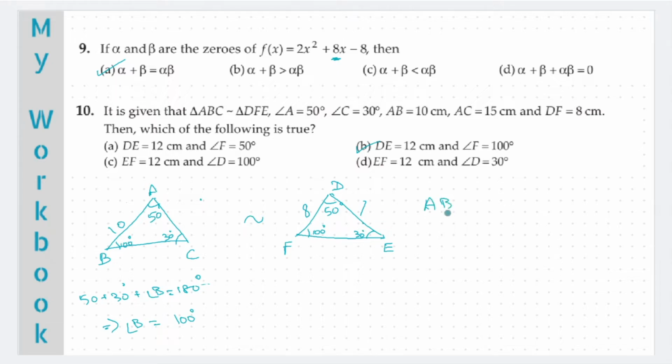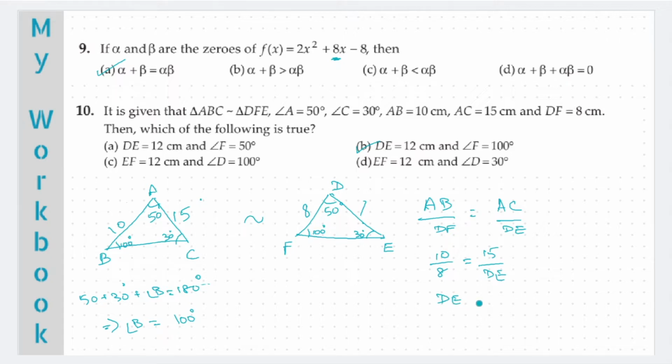Corresponding sides AB by DF will be equal to AC by DE. AC is given as 15 centimeter. AB is 10, DF is 8, equal to 15 by DE.